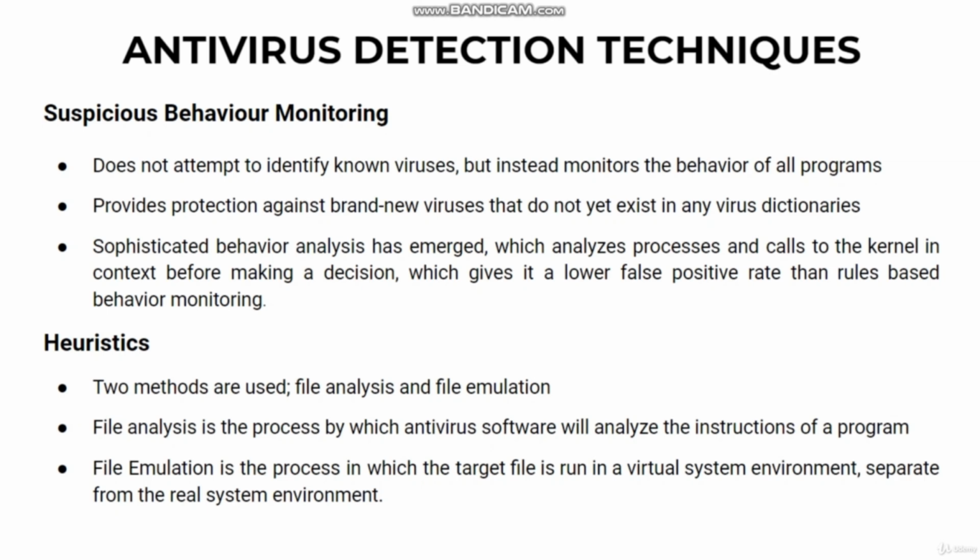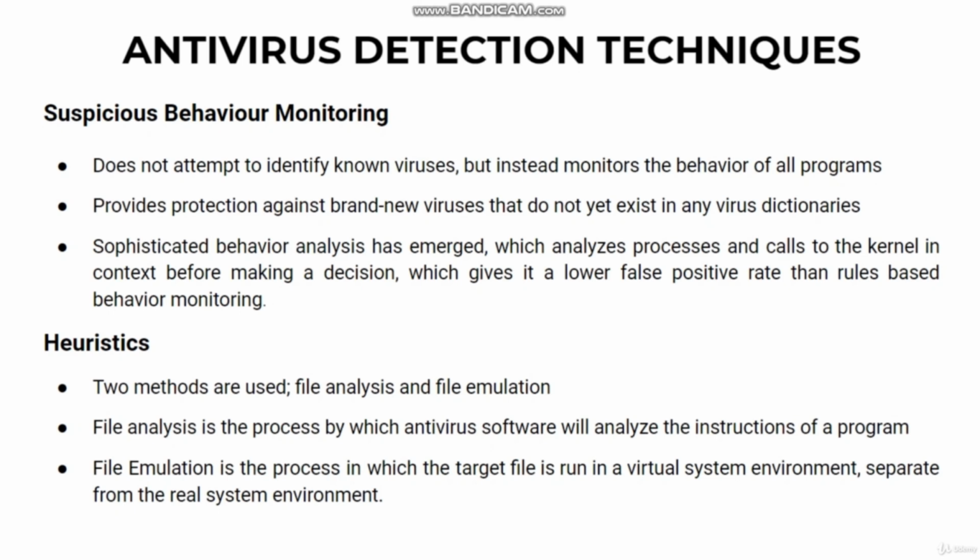And the last one is heuristics. Some of the more sophisticated antivirus software uses a heuristic-based approach to identify new malware. Here two methods are used: file analysis and file emulation. As described in the previous lecture, file analysis is the process by which antivirus software will analyze the instructions of a program.